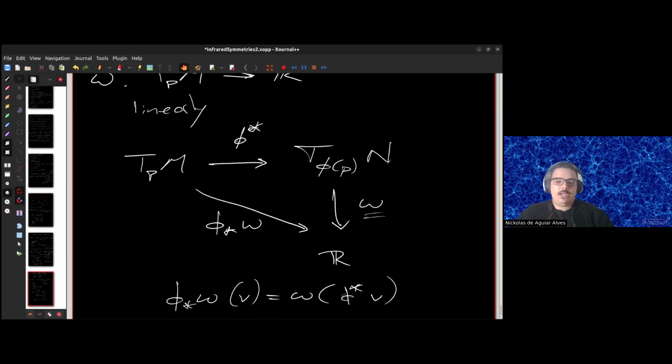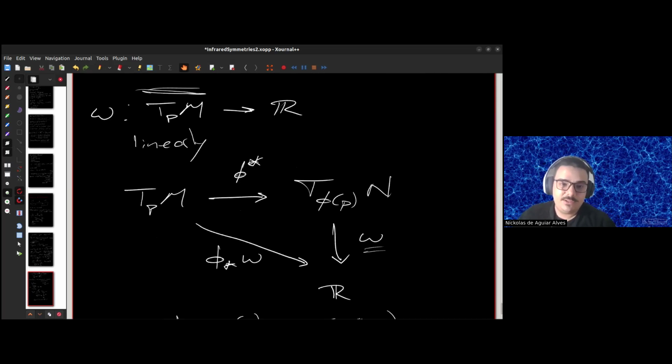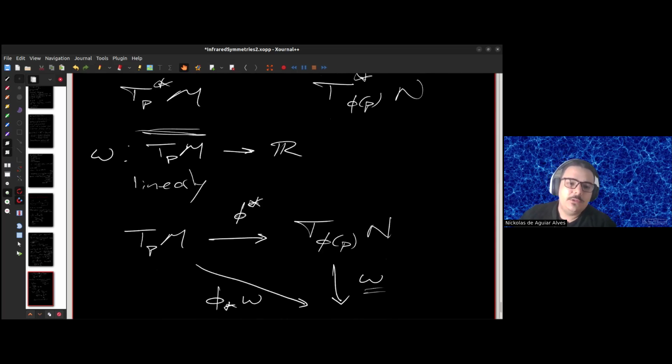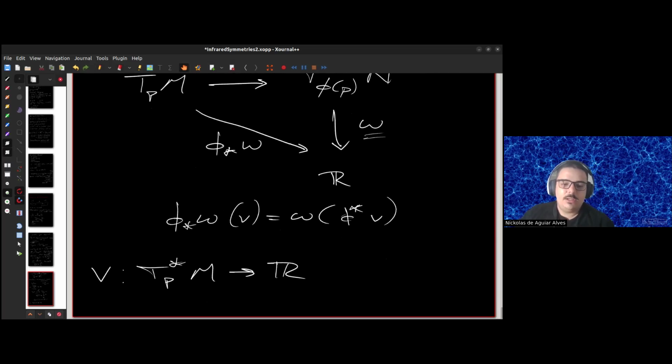However, you do end up at this point here, since if you go even further, if you now go to a structure big V that eats a one form and spits a number, this is actually the same thing as a vector.